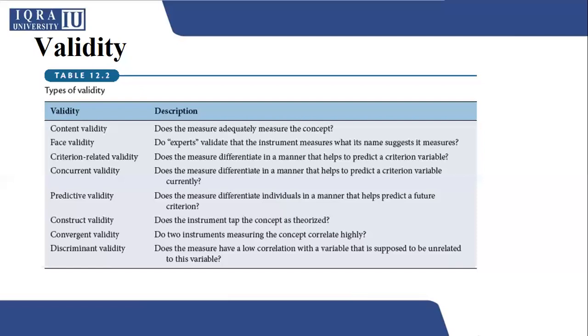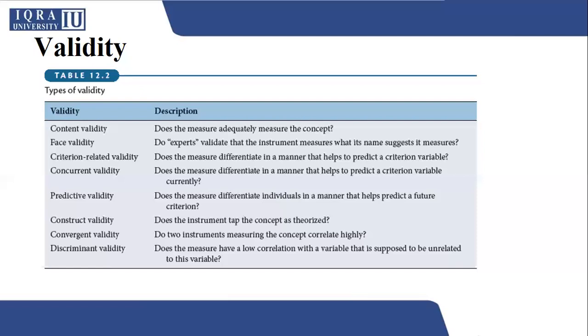Right? Now, construct validity. Construct validity testifies to how well the results obtained from the use of a measure fit the theories around which the test is designed. This is assessed through convergent and discriminant validity. Now, what is convergent validity?